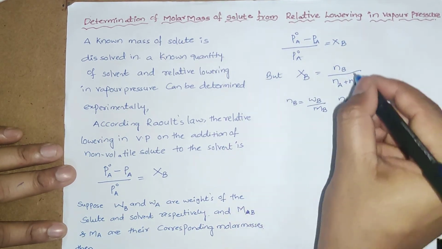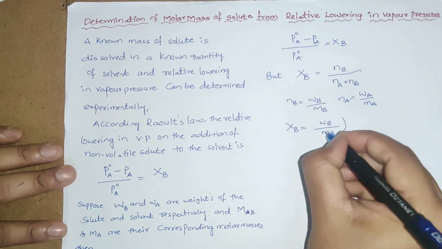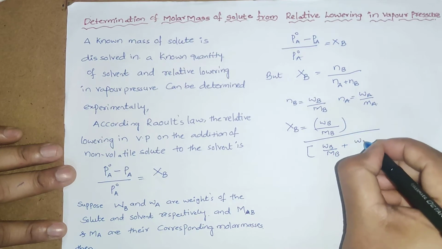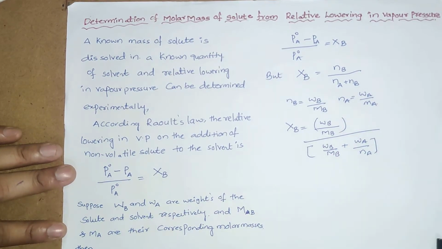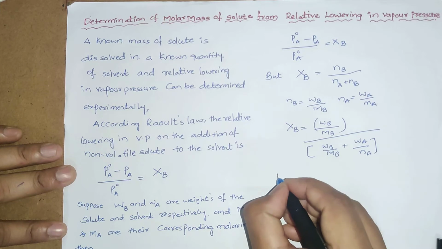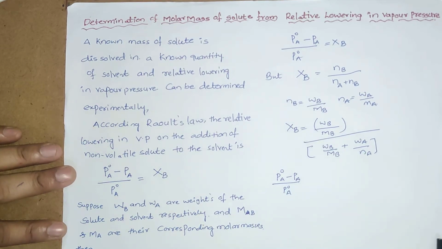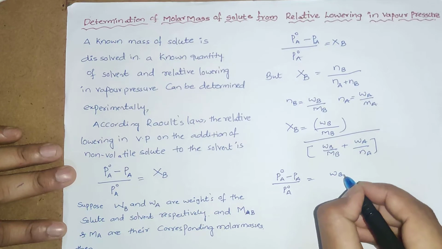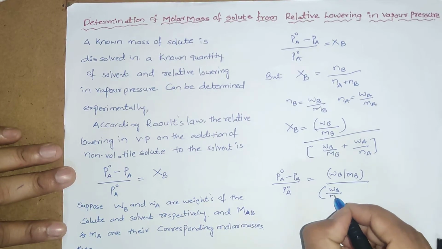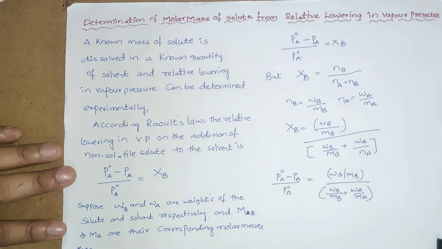So substituting, XB is equal to (WB by MB) by (WB by MB plus WA by MA). Now substituting in the above equation, we get (P naught A minus PA) by P naught A is equal to (WB by MB) by (WB by MB plus WA by MA). This is the equation we get.